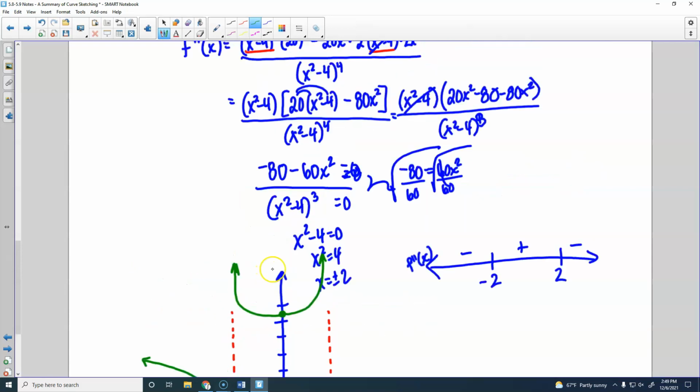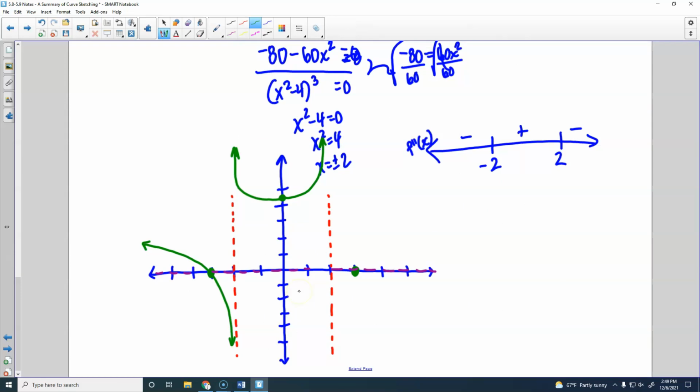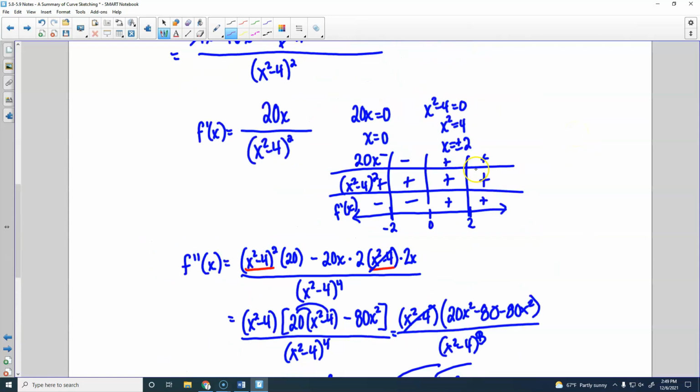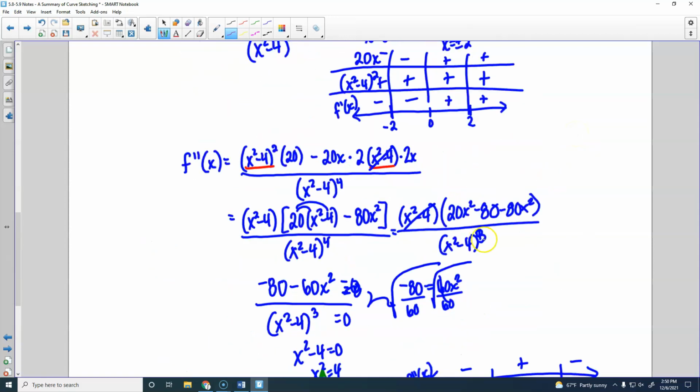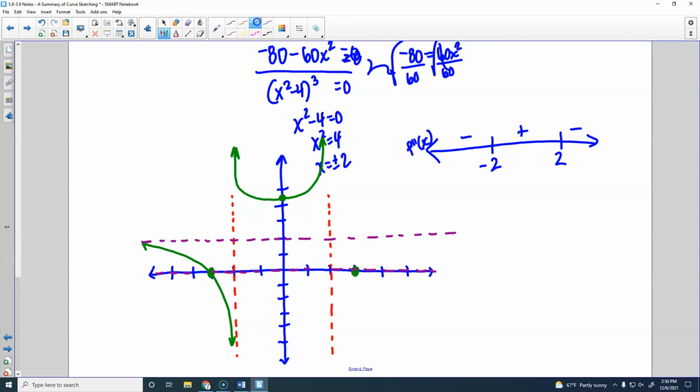I think I graphed my horizontal. Oh, I'm sorry. My horizontal asymptote was at 2. It was not at 0. I don't know why I was thinking that. And then over here, we're concave down, but we're increasing on this section. So we would graph this here.